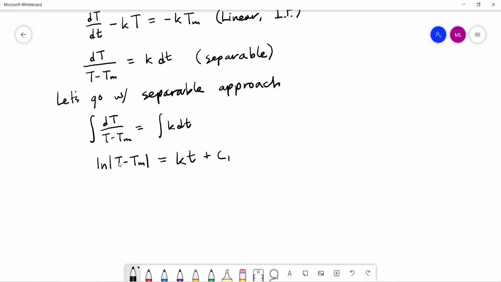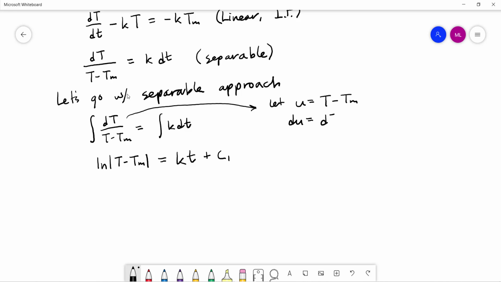And just real quickly, for people that aren't super quick with their integration, here's how I would do this side if we wanted to do it over here. Basically, I'd just say let u equal t minus tm. What will du be if I take the derivative?